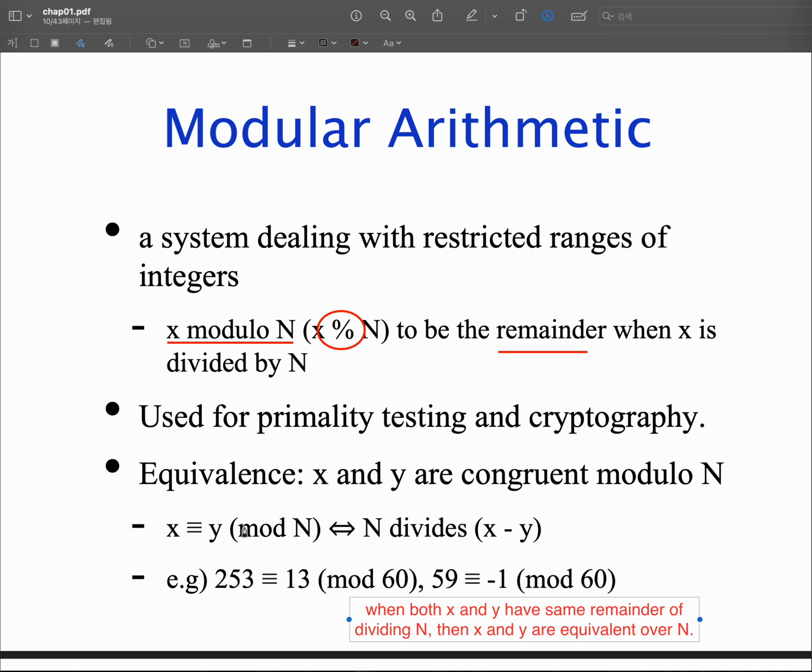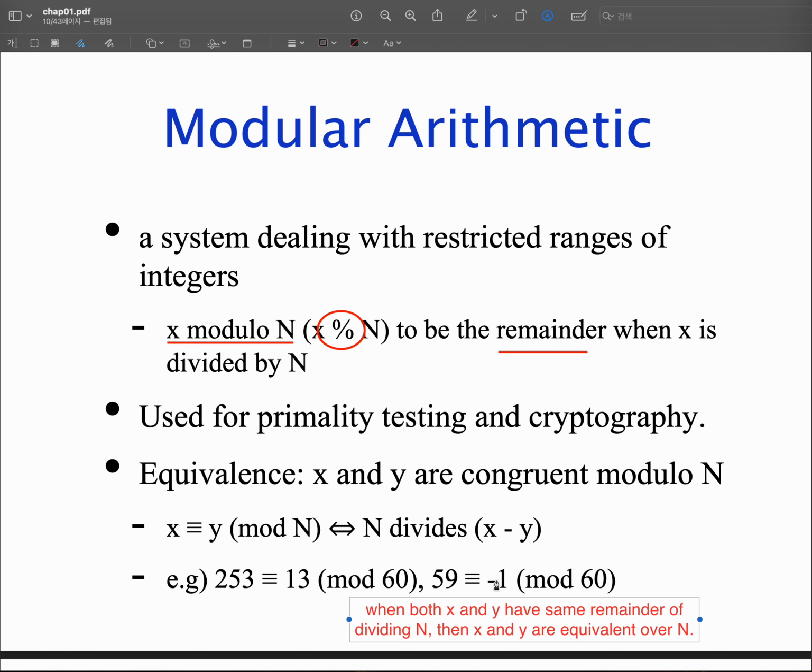So the thing is like this: you have two numbers, 253 and 13, and if you divide these two numbers by 16, the remainder will be 13. So they have the same remainder when dividing by 16, so that is the same class. In other words, that is equivalent over modulo 16.